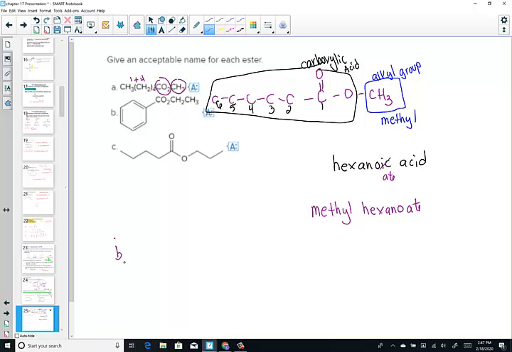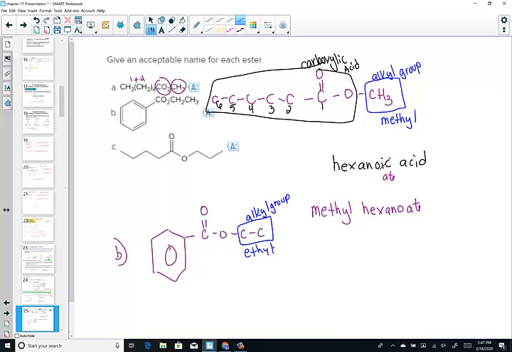All right, let's try letter B. Here's our structure for B. We have the aromatic compound, and then it has an oxygen leading out to 2 more carbons. And so when I look at this, the alkyl group is an ethyl group.